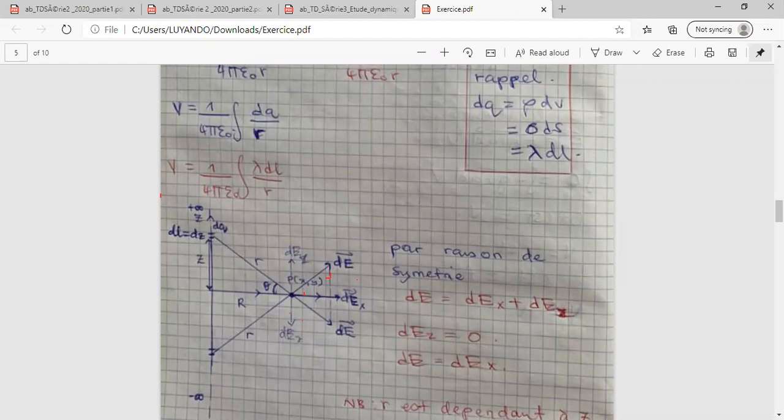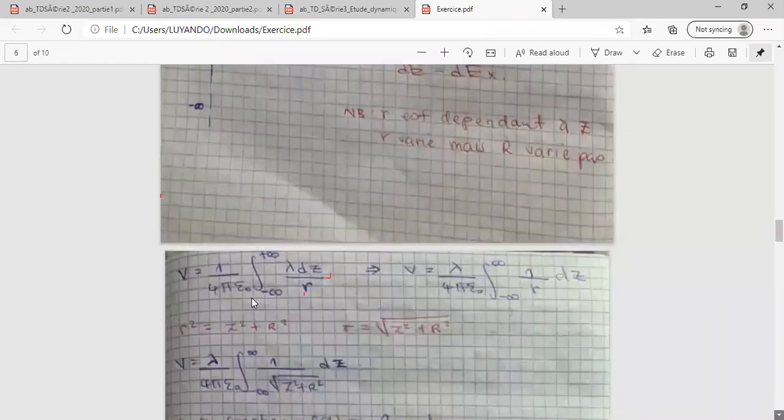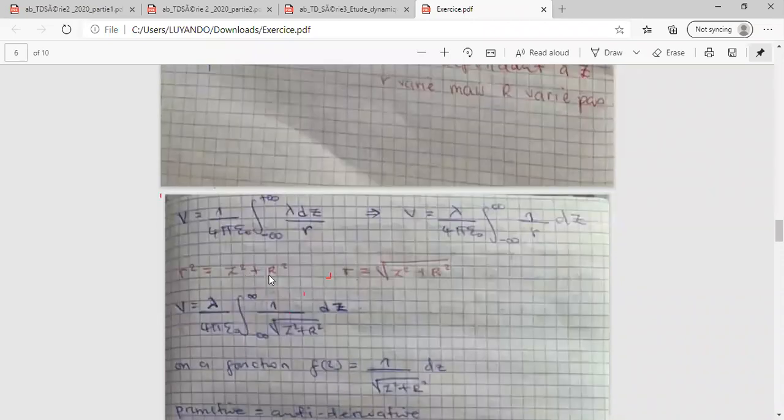Am I correct on that one? Using our trig. And if I want an expression for R, I just square root both sides.